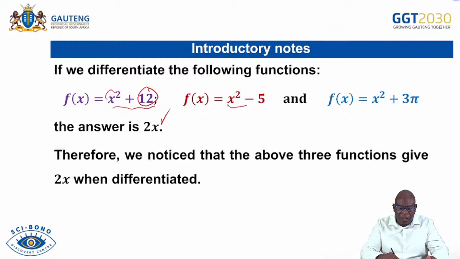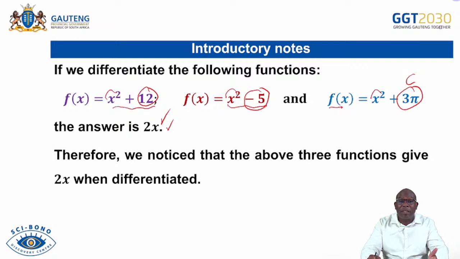If I differentiate this one, still the -5 will be 0, so I'm going to get 2x. If I differentiate f of x here, I'm going to get 2x because that is a constant. So I'm still going to get 2x. Therefore, we notice that the above 3 functions will give us 2x when differentiated.